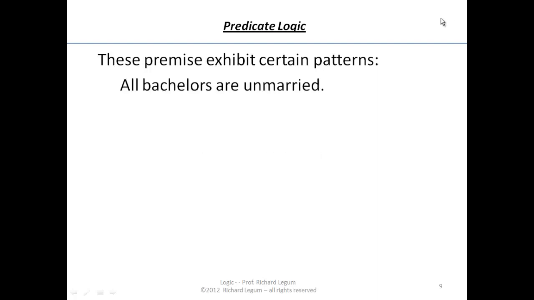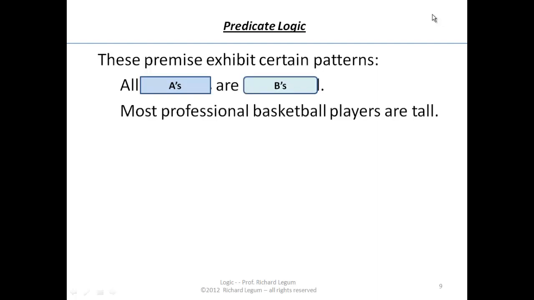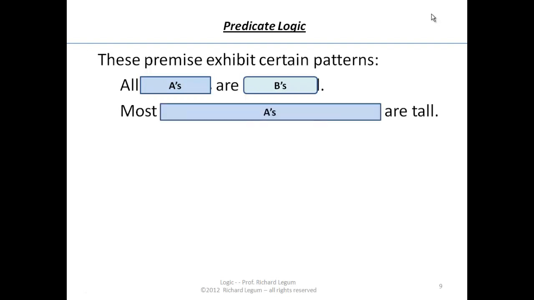All bachelors are unmarried. All A's are B's. Similarly, most professional basketball players are tall. Most A's are B's. Some politicians are honest.